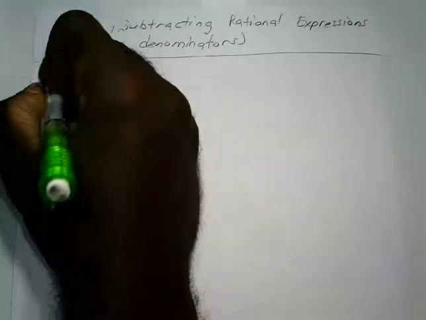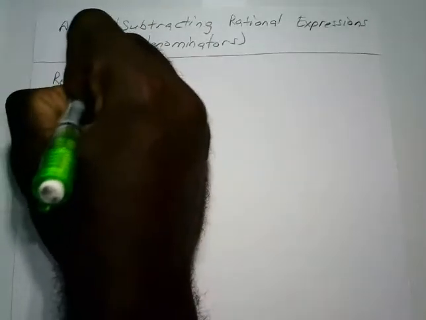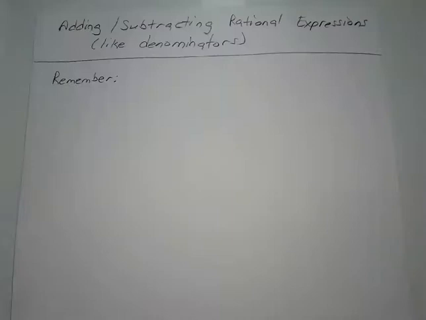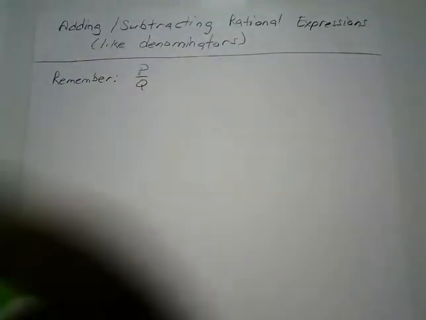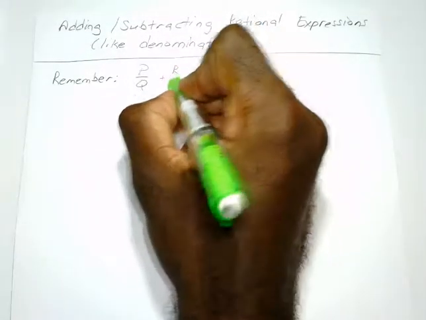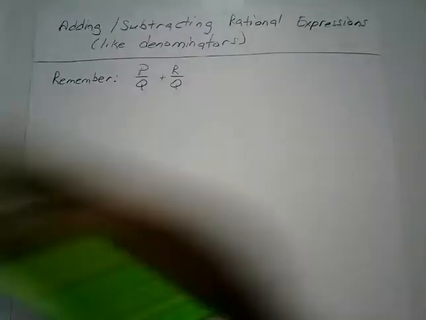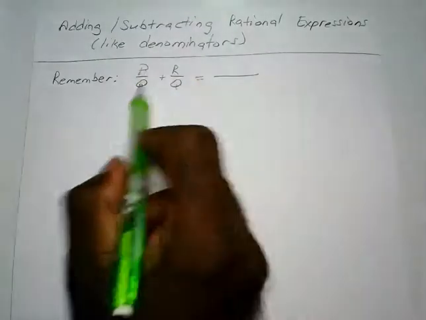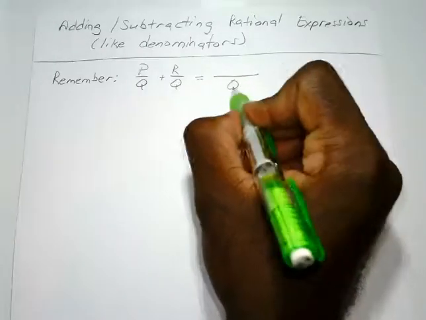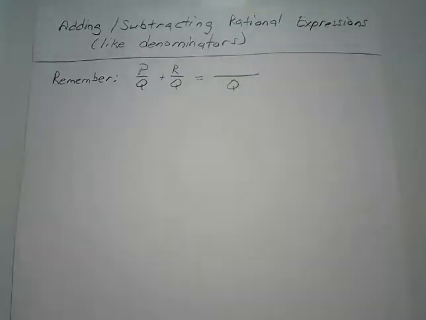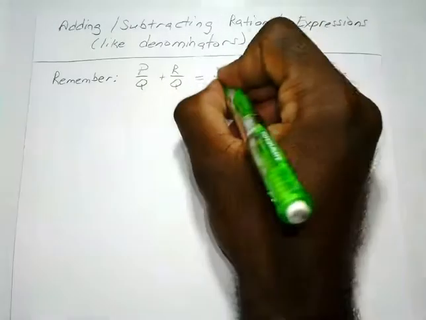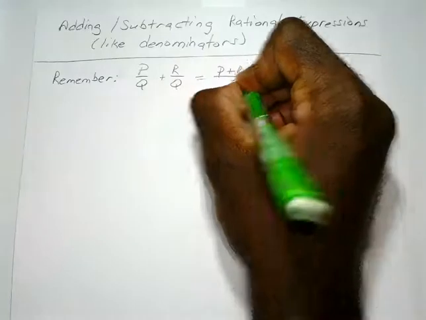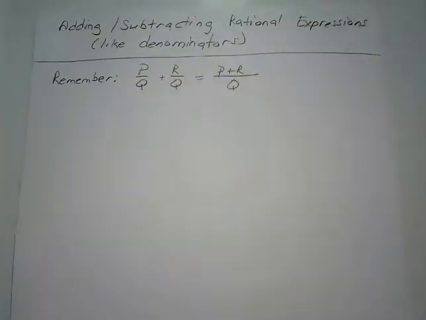Remember, if you go back to your regular, ordinary, everyday fractions, if you have P over Q plus R over Q, something over Q plus something over Q will give you an answer over Q. Really you just add or subtract your numerators. In this case, it will be P plus R over Q.